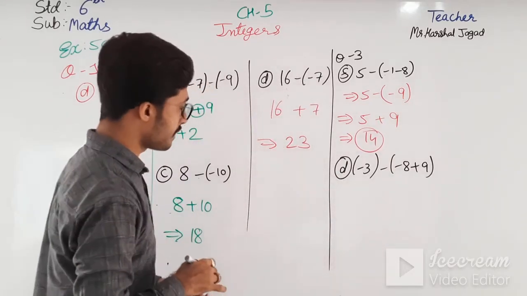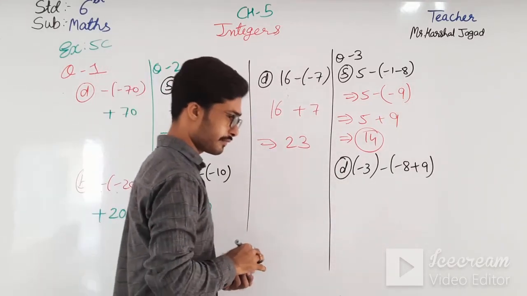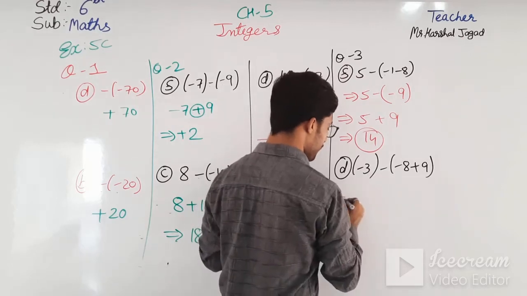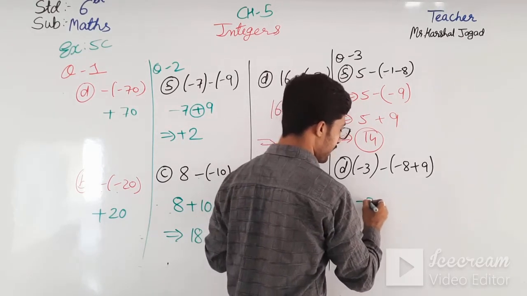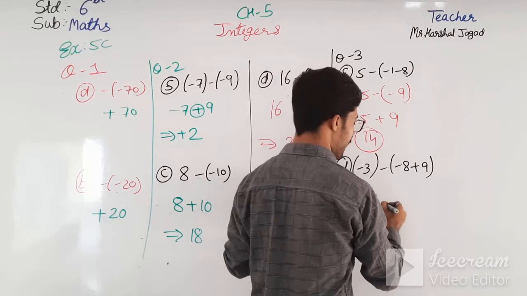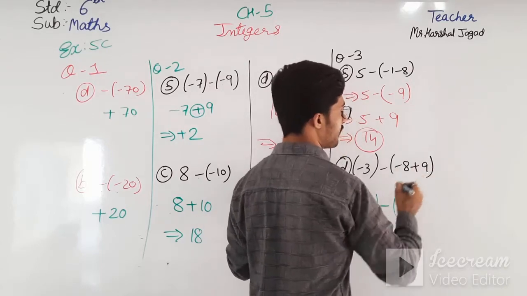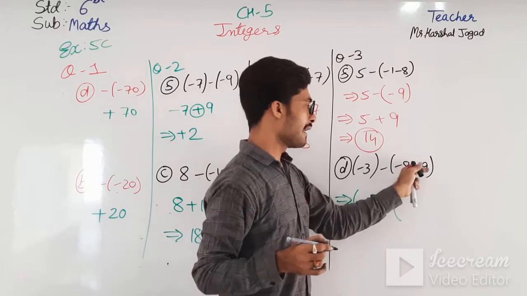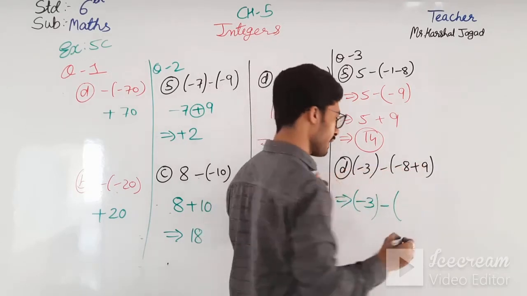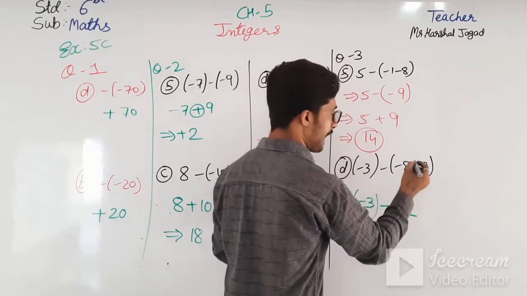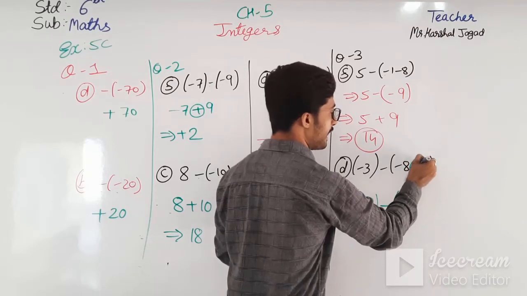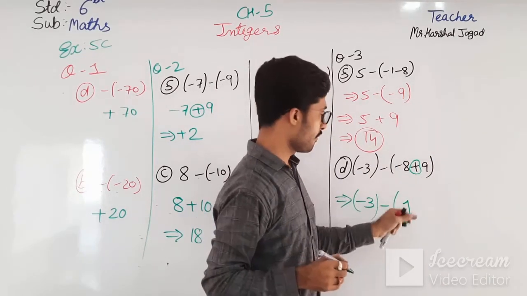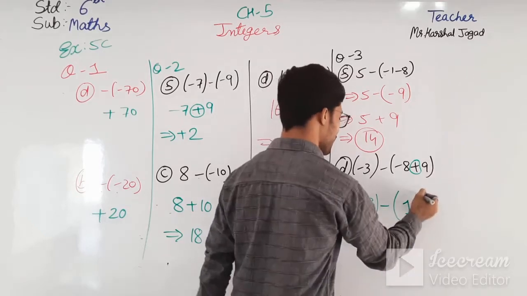Then going towards this d, that is minus 3 and minus of minus 8 plus 9. So minus plus minus, 9 minus 8 is 1. But the sign will remain plus because 9 has a plus sign. The bigger number's sign will be there.